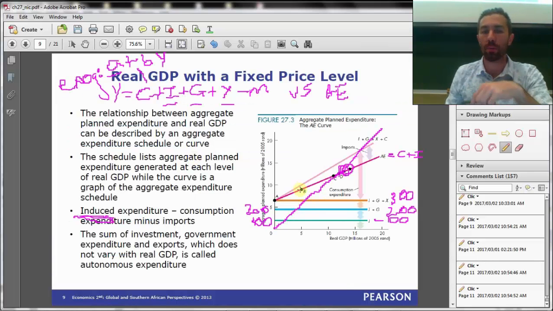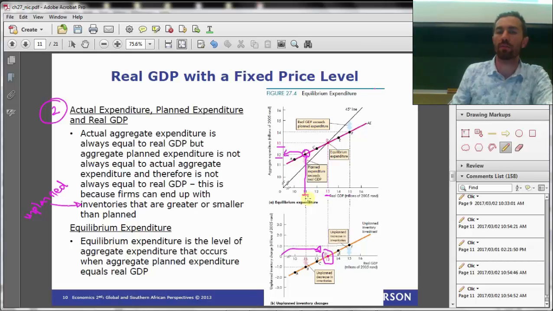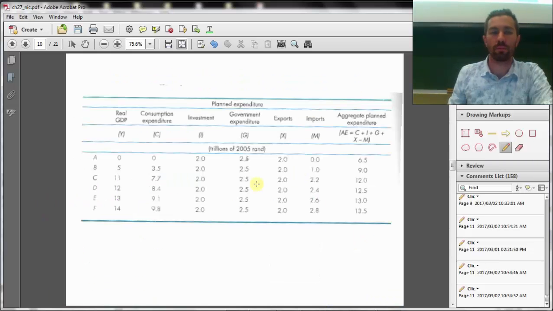At a point like point B, what happens is our actual expenditure is measured by the value of 11. Okay? So our actual GDP is 11. Our planned value of GDP is 12.